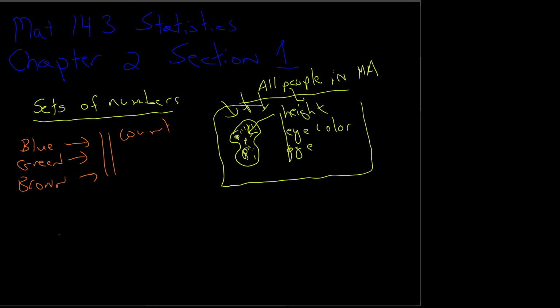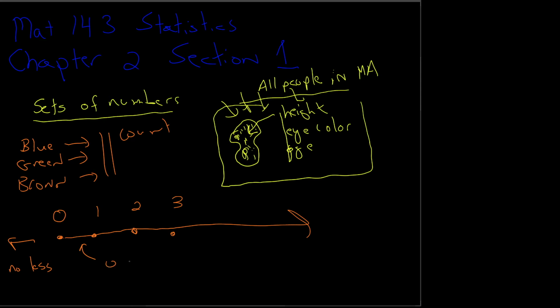And counting numbers are kind of the first set of numbers we have, and they do a neat thing. Counting numbers come in gaps. So if I were to start at 0 and work my way up, creating a number line, when I count things, I can't have less than 0, and I can't have anything between 0 and 1.